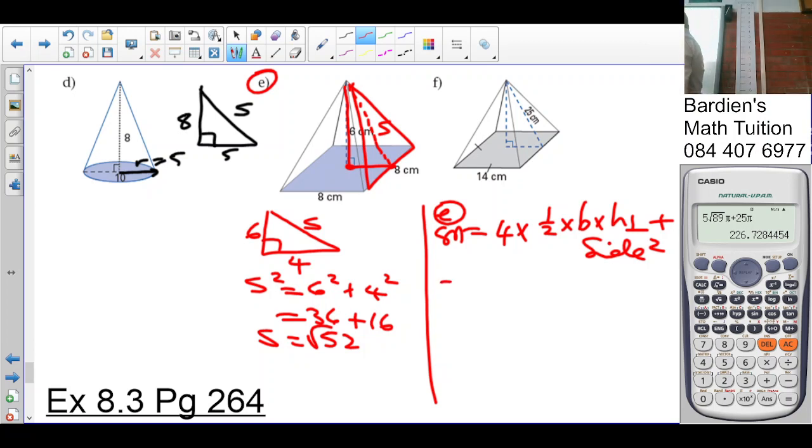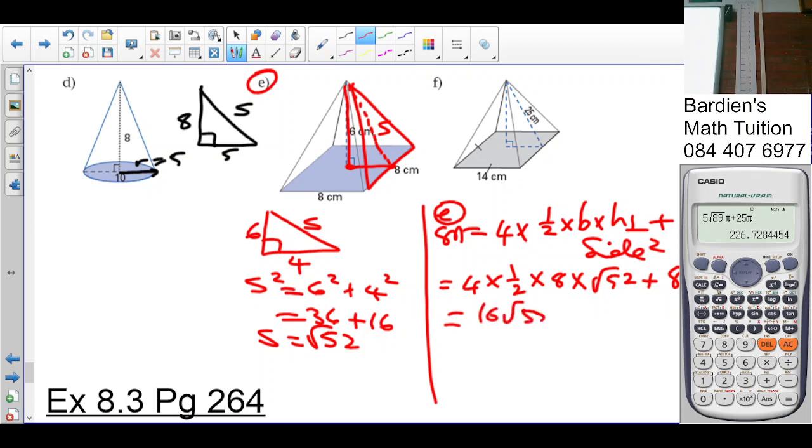Okay? So it's going to be 4 times half times the base, which is 8, times the perpendicular height, which is the root of 52, plus your side, which is 8 squared. Okay, so half times 4 is 2, so it's 16 root 52 plus 64.